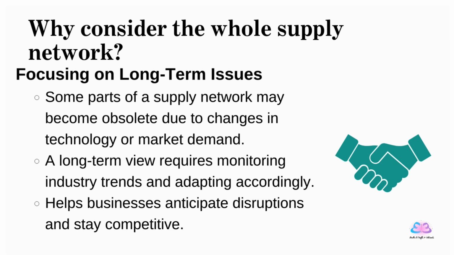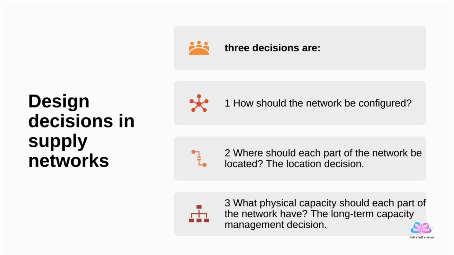Businesses can better anticipate supply chain disruptions, adjust their strategies, and maintain a competitive edge in the market. Now, looking at the bigger picture allows businesses to remain relevant, competitive, and prepared for future industry shifts.